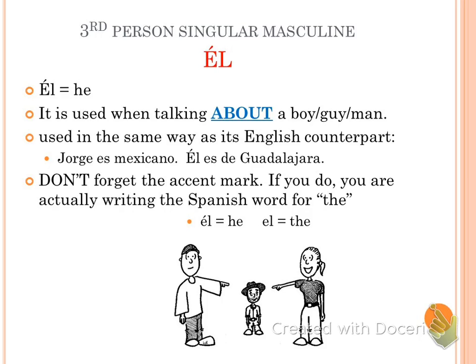If I say that I want you to replace el libro with a subject pronoun, you're going to replace it with él. Él with an accent or el without? Without is the. For subject pronouns we want the one with the accent, él for he.